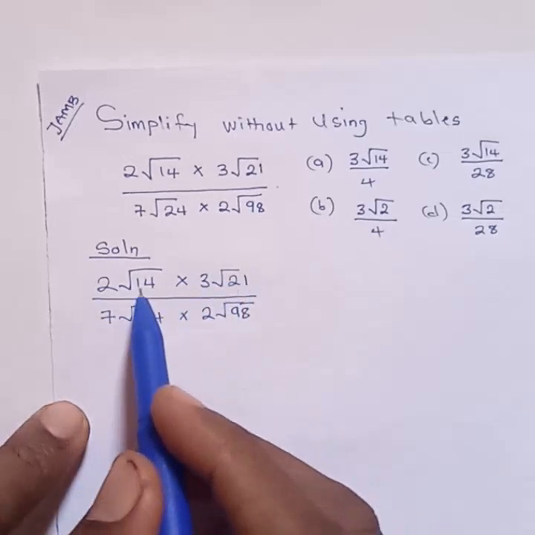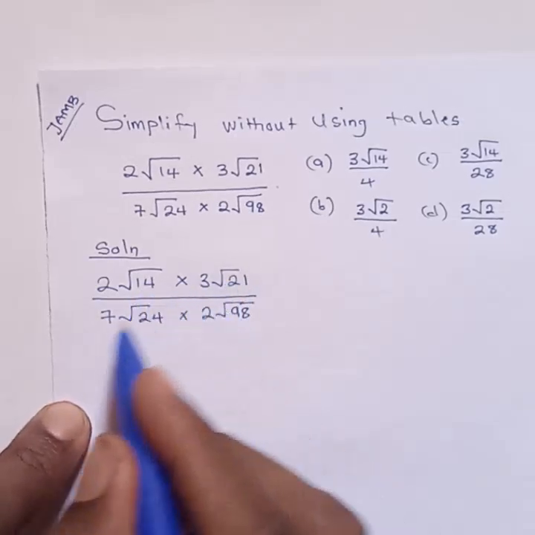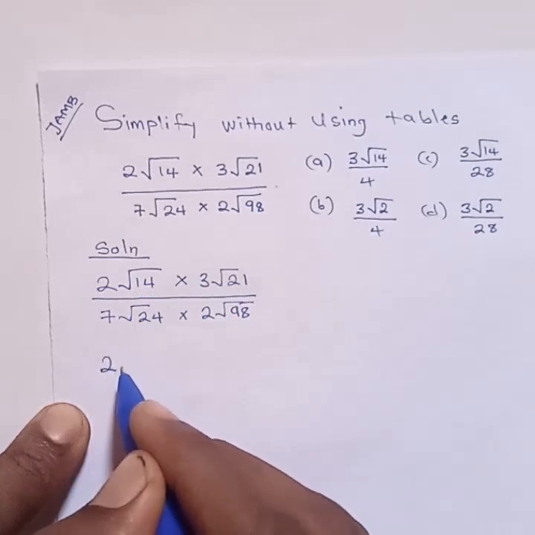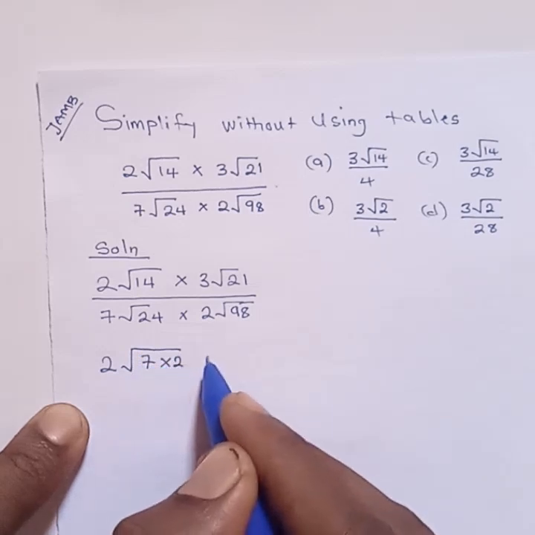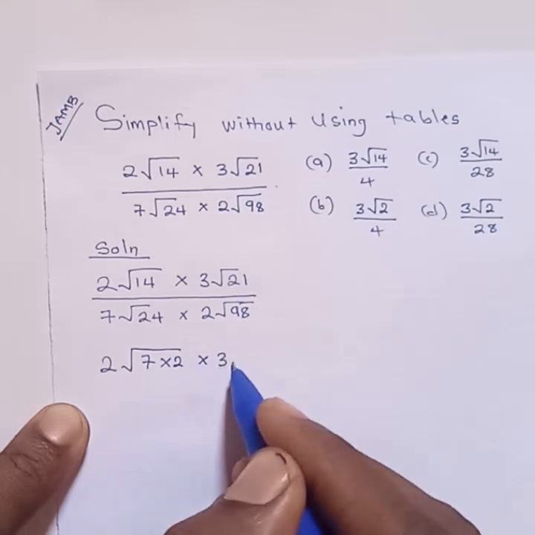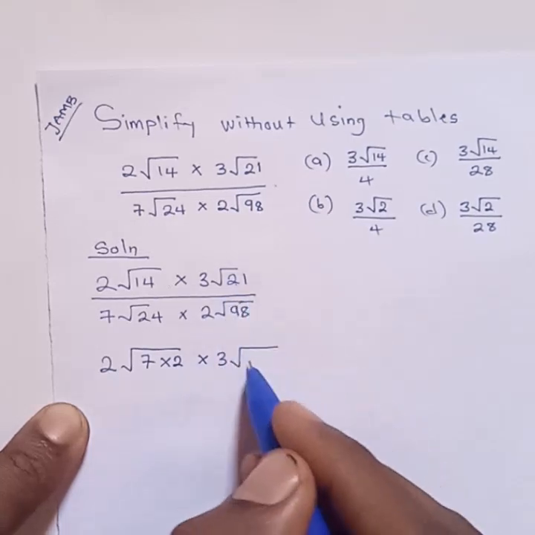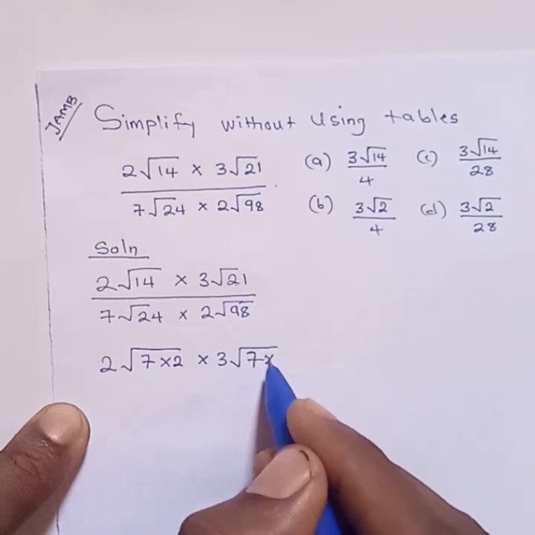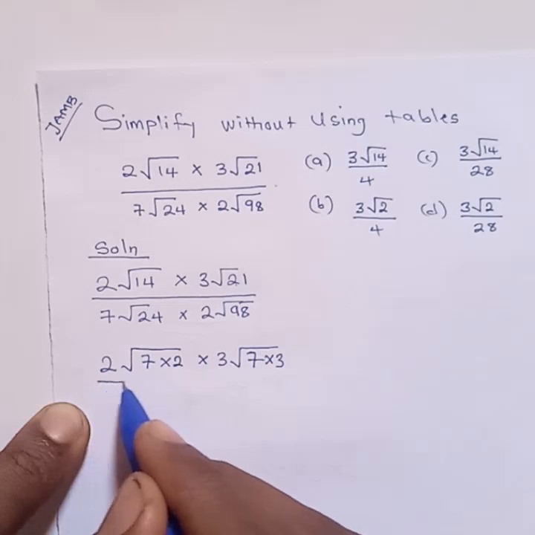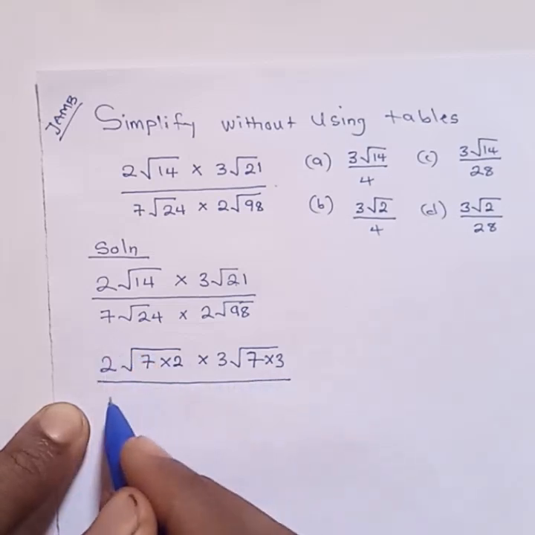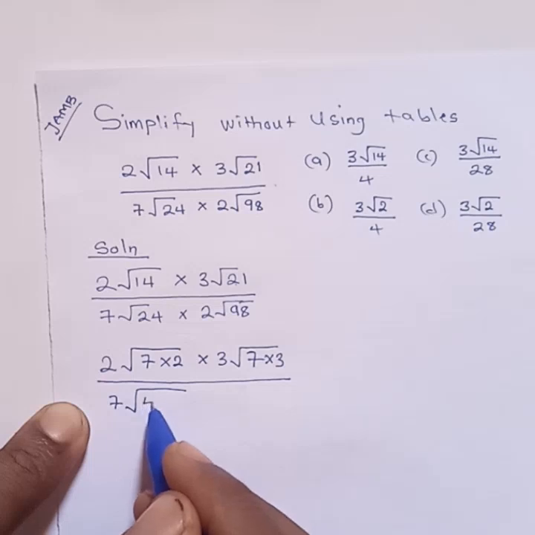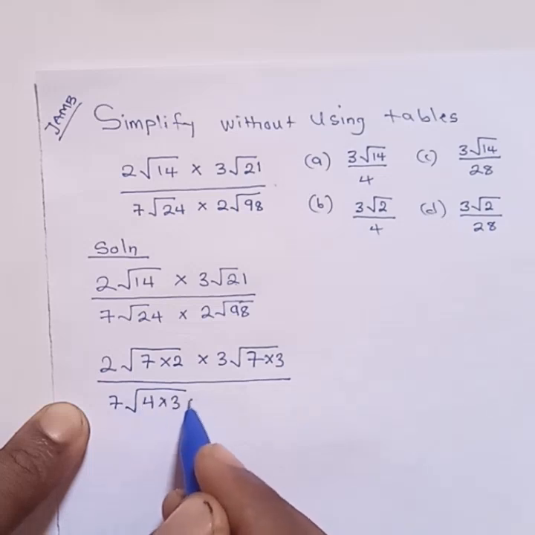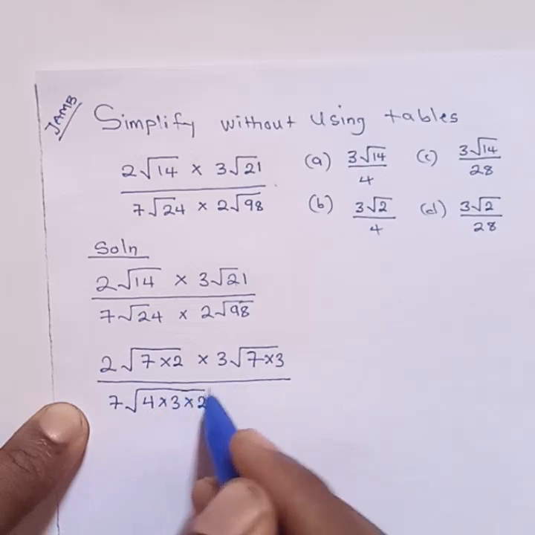To solve this question, let's break the numbers inside the square root. So we're going to have 2 multiplied by, instead of 14, 14 is the same thing as what? 7 times 2, right? Multiplied by 3 square root of 21, which is the same thing as 7 times 3, over, we have 7 square root of 24, which is the same thing as 4 times 3 times 2, right?